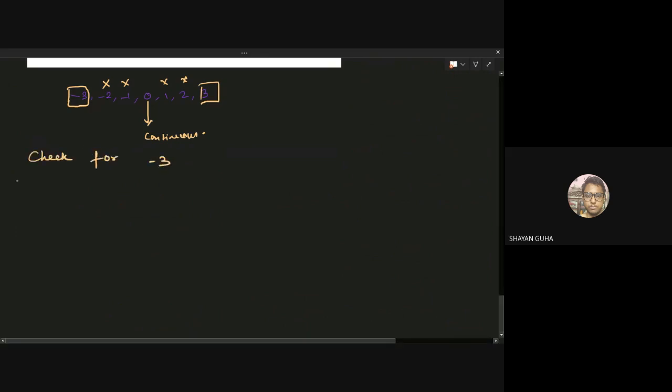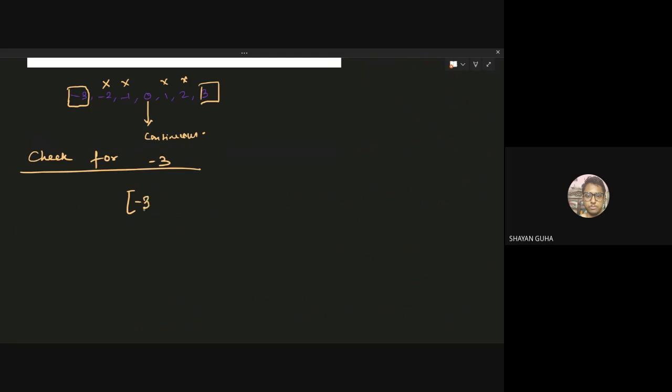minus 3. I will first check for minus 3. Now, since minus 3 is the extreme left point in my domain, can I approach minus 3 from left hand side? Obviously, no. Because if x tends to minus 3 from left hand side, it might take some values for which the function might not be defined also.